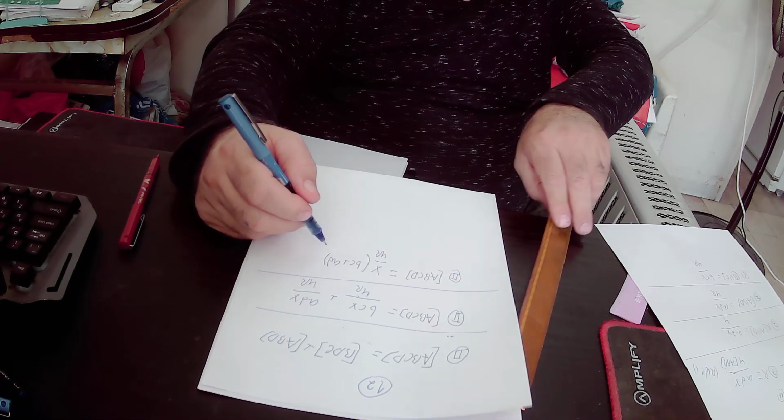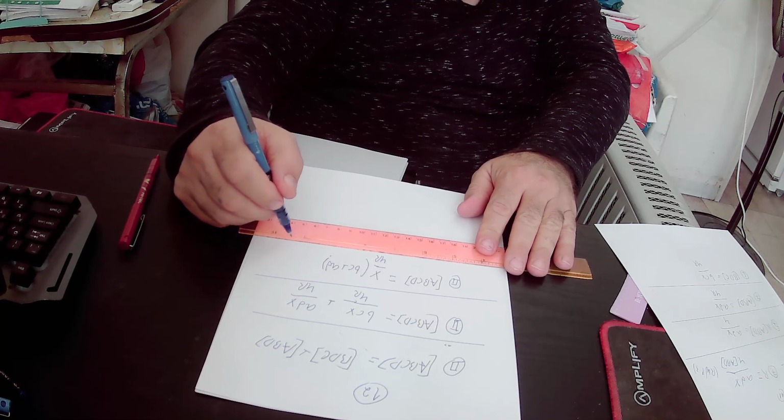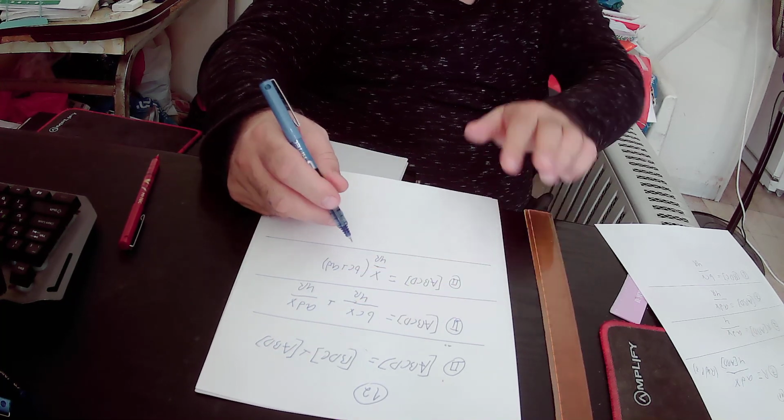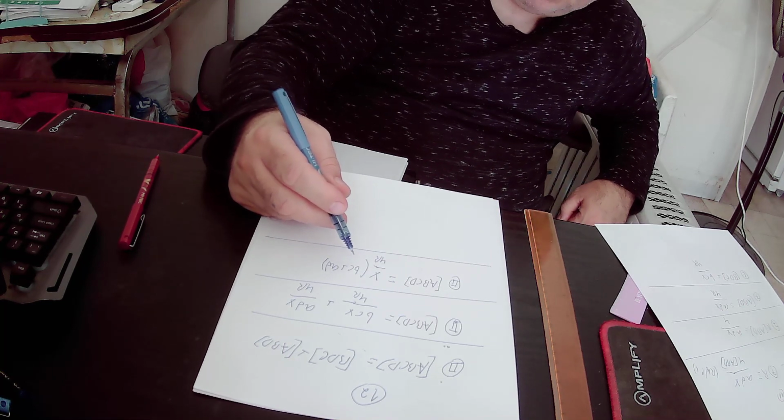So actually we found out that the area of quadrilateral ABCD equals x over 4R times BC plus AD.